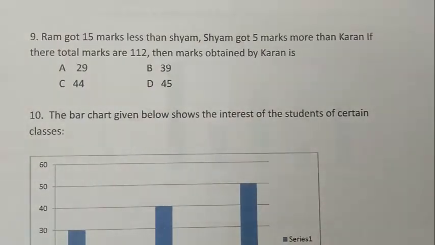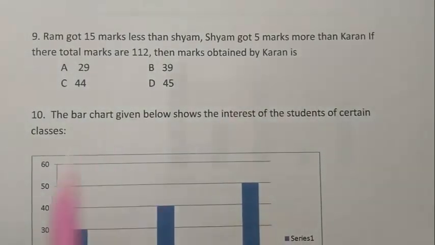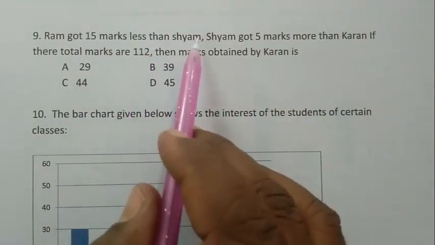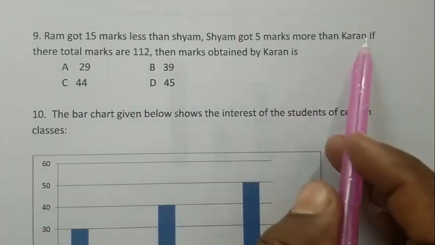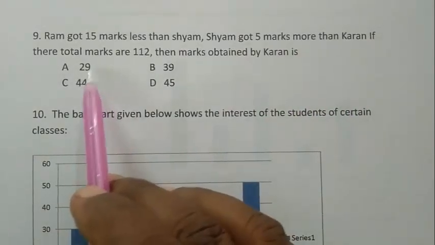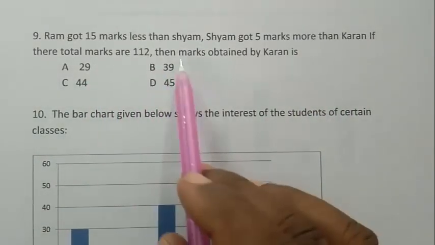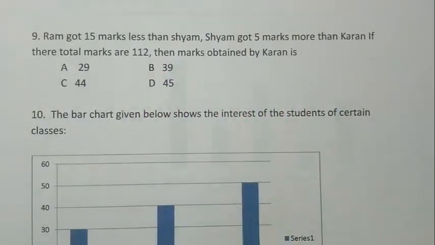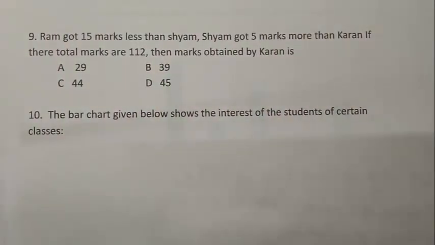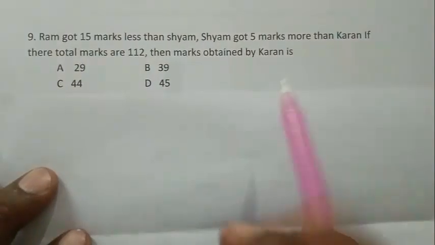Question number 9. Ram got 15 marks less than Sam. Sam got 5 marks more than Karan. If the total marks are 112, then marks obtained by Karan is. First, we write it in this way.